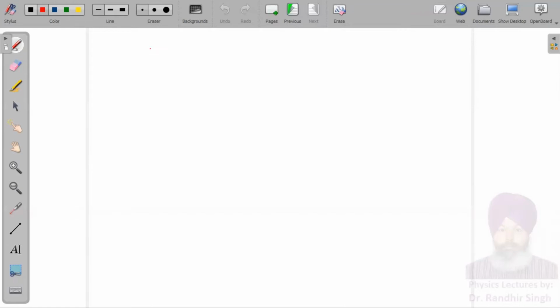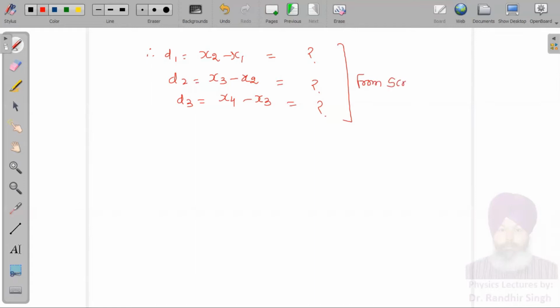So therefore d1 is equal to second node position minus first node position. d2 is equal to third node position minus second node position, and d3 is equal to fourth node position minus third node position. If I can take these readings from the screw gauge, then I can find the average value of d.